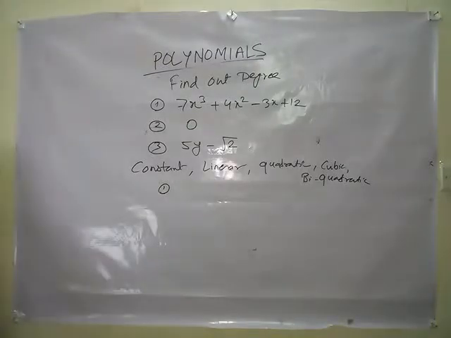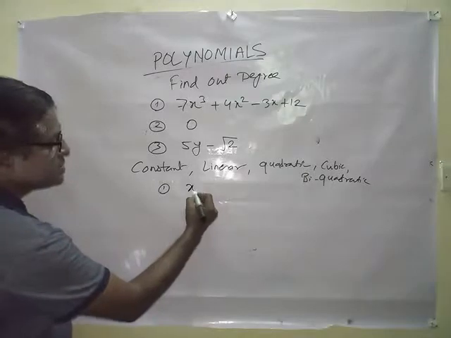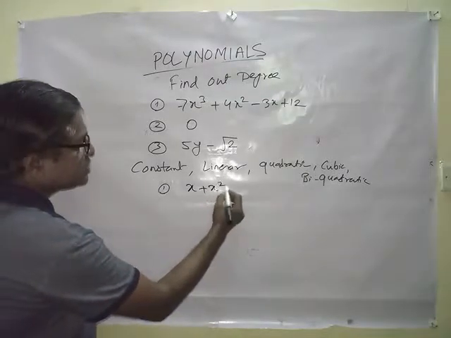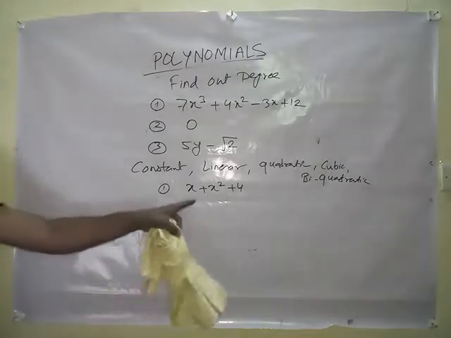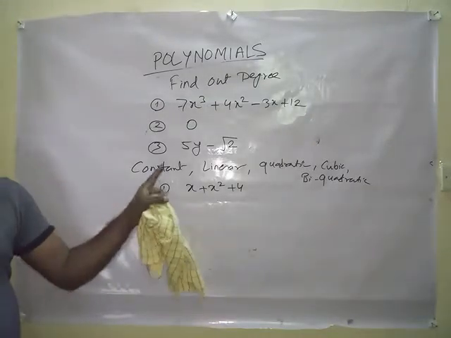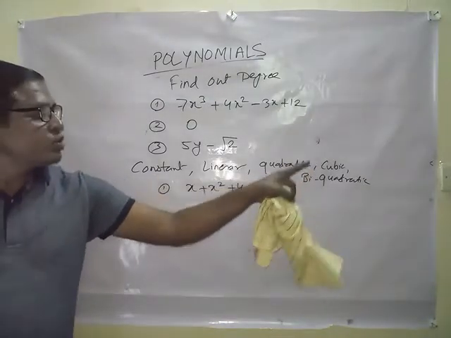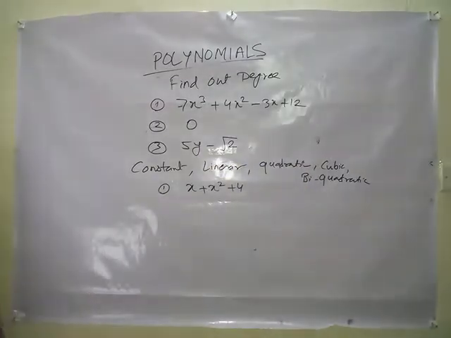Number 1, x plus x square plus 4. What type of equation is it? Constant, linear, quadratic, cubic or biquadratic.